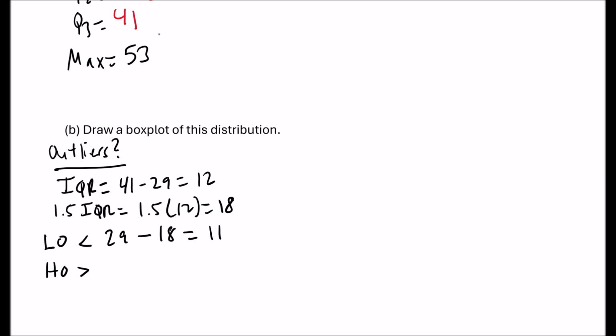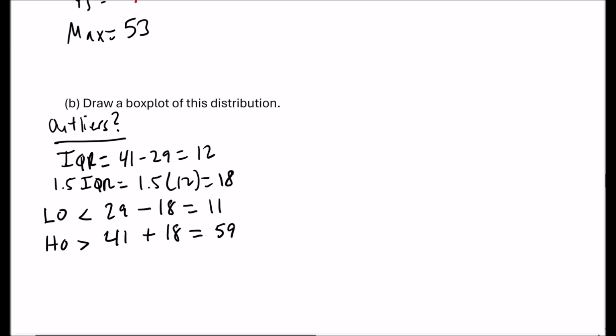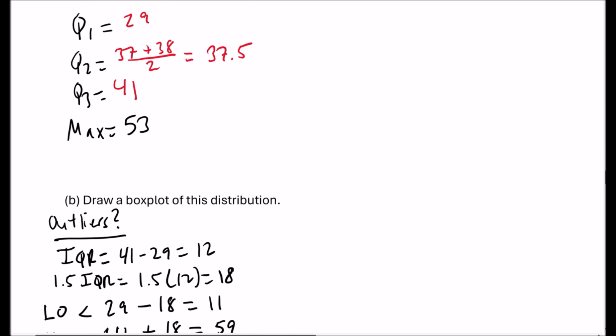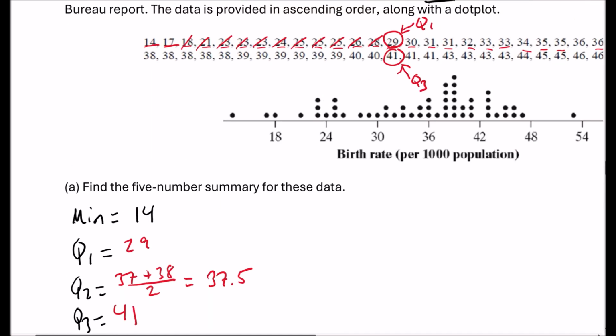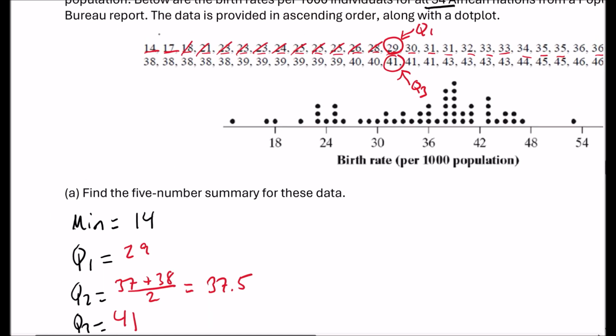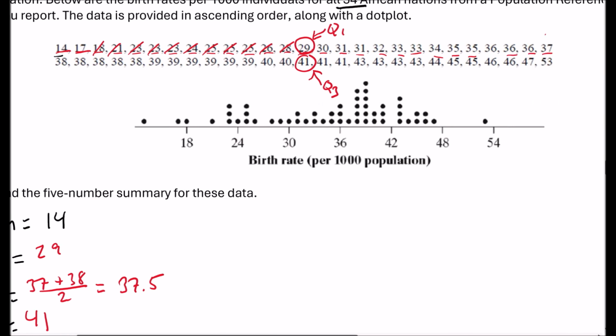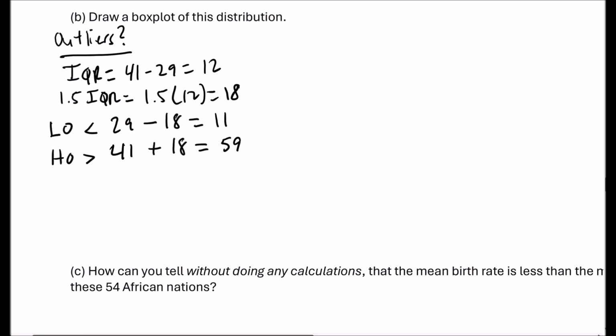The high outliers are greater than the third quartile plus 1.5 IQR, which is 59. Are there any numbers less than 11 or greater than 59? There are no numbers less than 11 because the lowest is 14, and no numbers greater than 59 because the highest is 53. So no outliers.